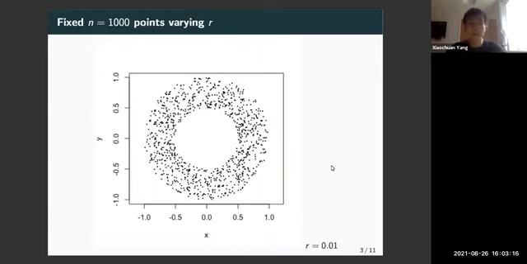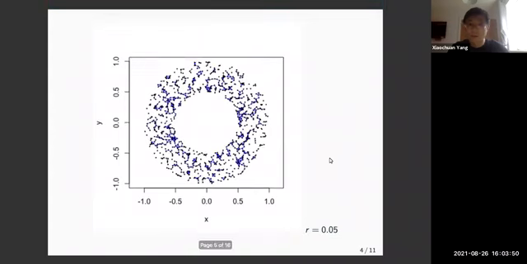So before diving into the mathematical theory of this topic, let me first show you some simulations. Here I'm going to fix the number of points, 1,000 points in the plane, and I'm going to vary the value of R and see how many components there are. In the beginning, when R is very small, 0.01 in this case, the graph is very disconnected, right?